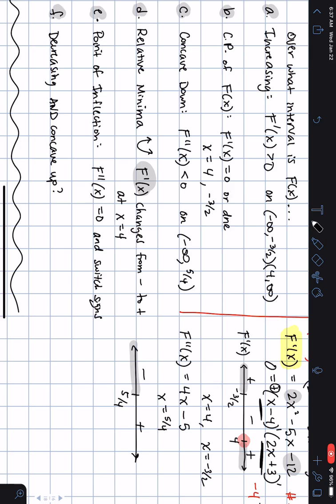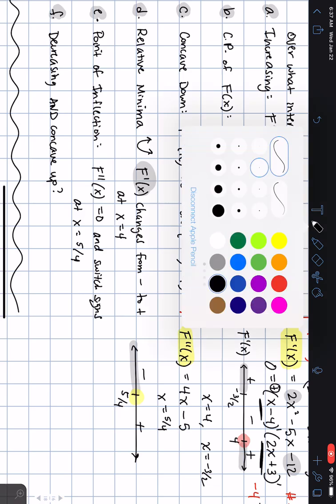So we're examining our second derivative. I'm highlighting it now. Our second derivative equals 0, and it switches signs at x equals 5 over 4. Simple as that.